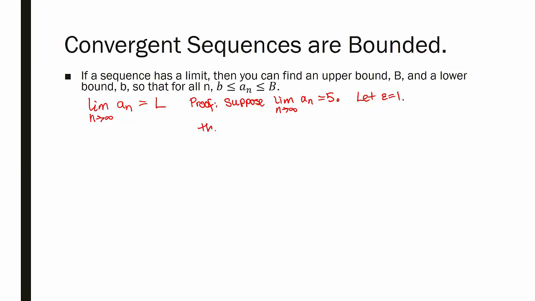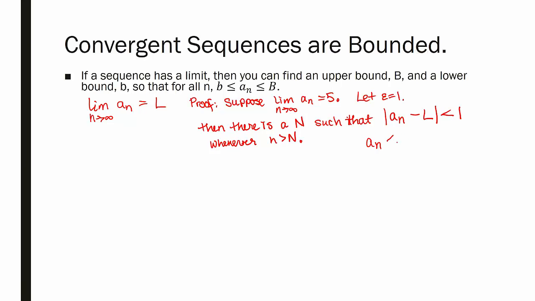Then there is a capital N such that if we take every term of the sequence, a sub n, and subtract off our limit, then that value is going to be less than 1 whenever n is greater than my capital N. So in particular, dropping the absolute value signs, a way to read this is to say that a sub n will have to land between L minus 1 and L plus 1.